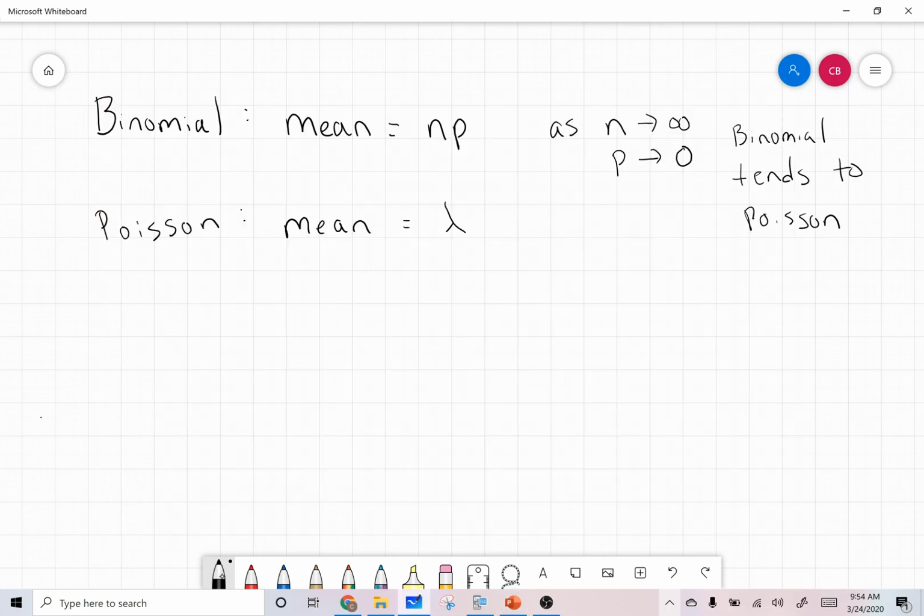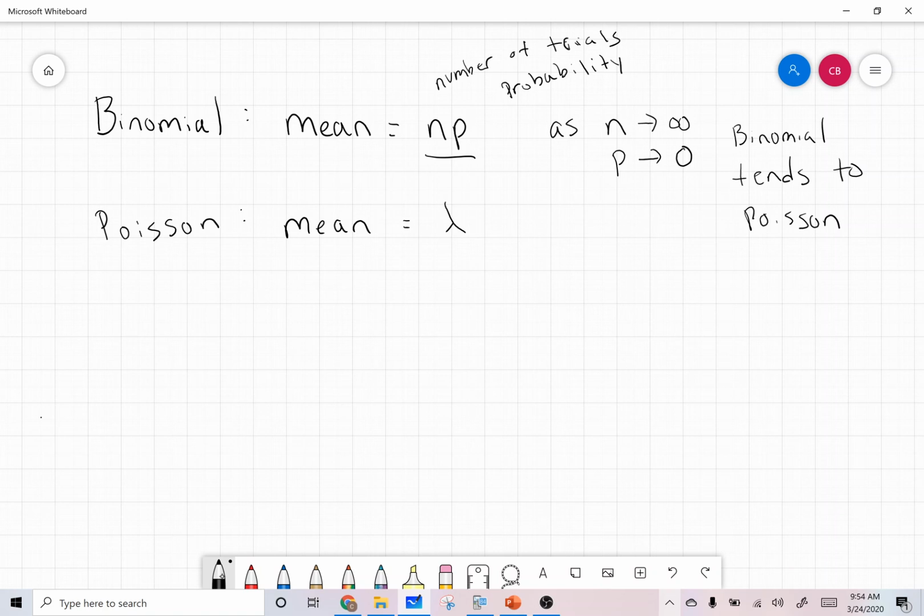that if you have a binomial distribution, the mean can be expressed by n times p, where n is the number of trials times the probability of each trial. And then Poisson, actually, the mean is just lambda, so that means n times p is equal to lambda.